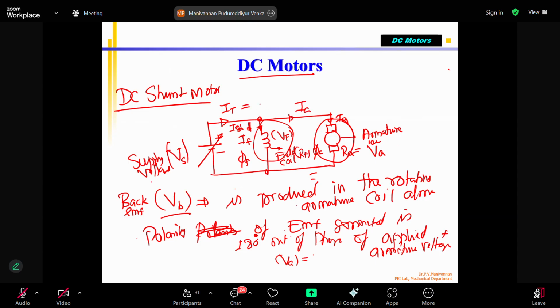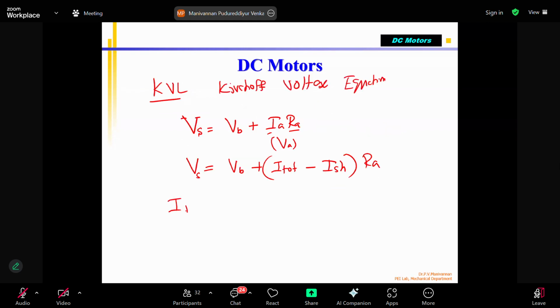I total equals I shunt plus IA. From the battery, current goes to this point. One portion goes to this coil, which we call shunt current, I shunt, and the remaining current goes to the armature coil, which is called armature current. So I can write I total, which is the supply current from the battery, equal to I shunt plus IA.